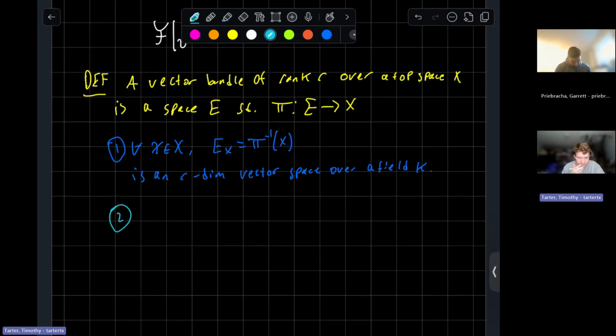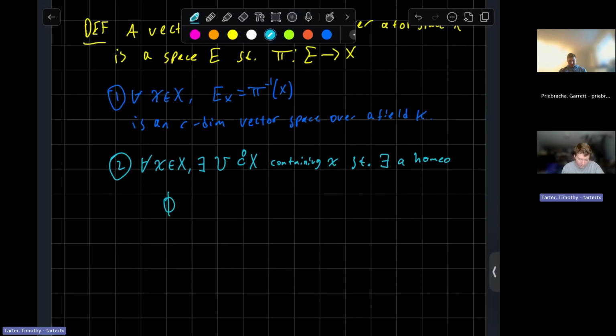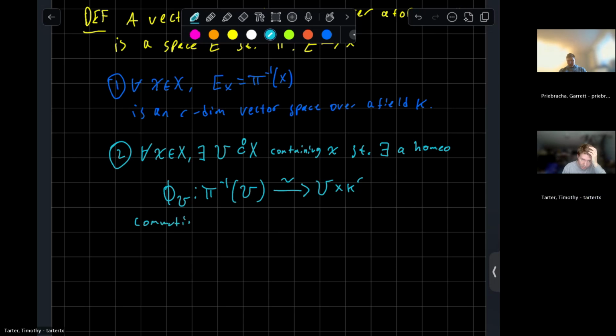And then for every x in X, there exists U open in X containing x such that there exists a homeomorphism phi from pi inverse of U to U cross K to the R, compatible with projections.